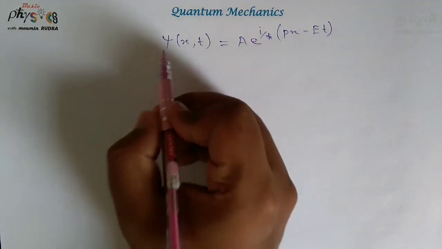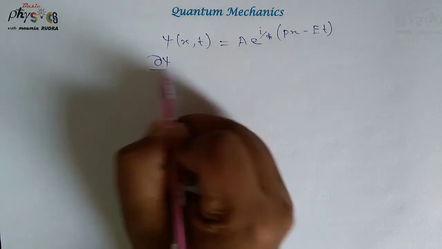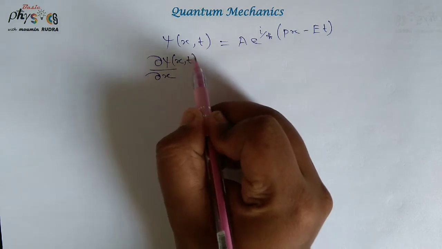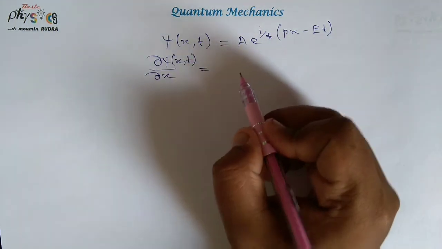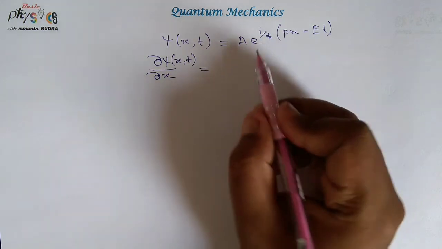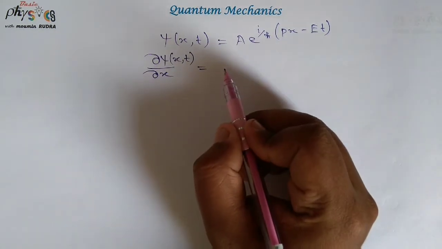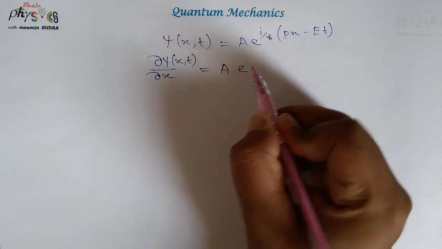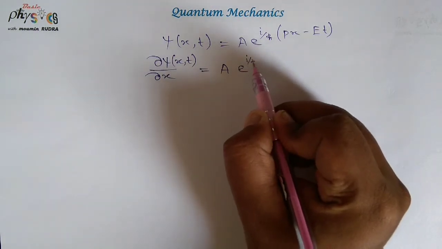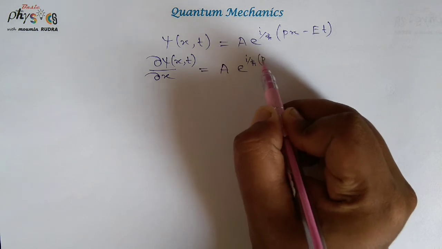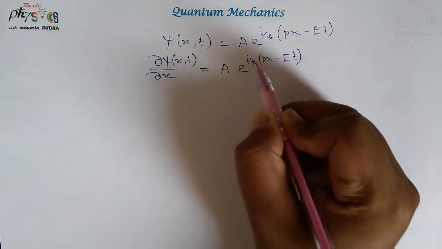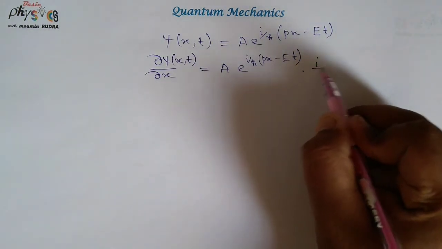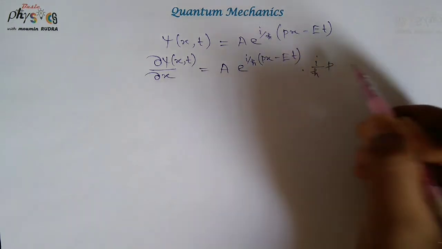Partially differentiate psi with respect to x. The exponential remains, and its derivative gives i by h bar p.